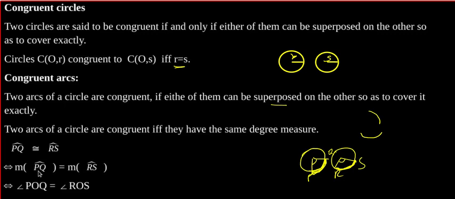Then the degree measure of arc PQ equals the degree measure of arc RS, so angle POQ equals angle ROS. Both of the arcs are congruent. The angles subtended at the center are equal for the corresponding arcs.